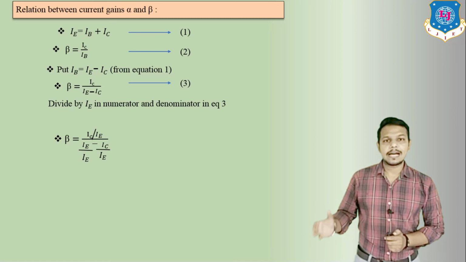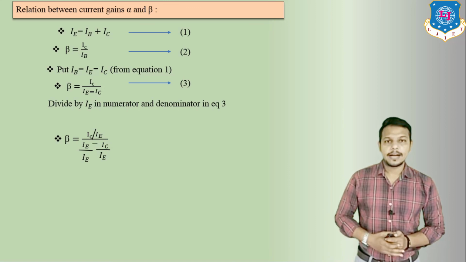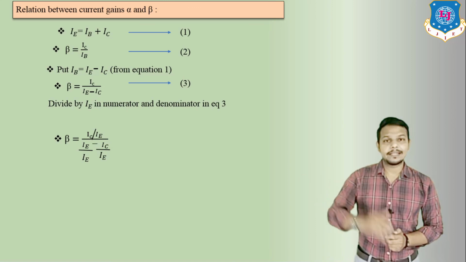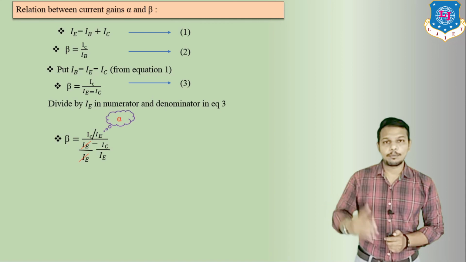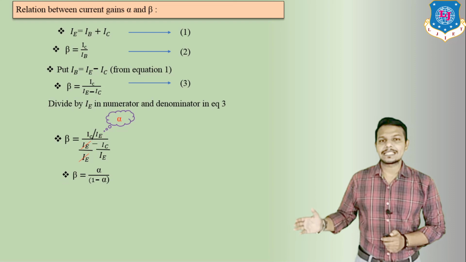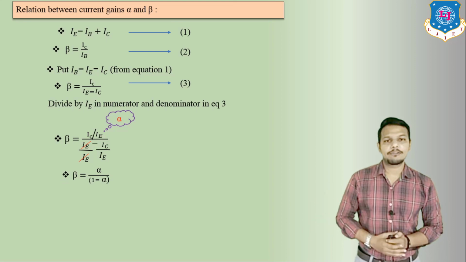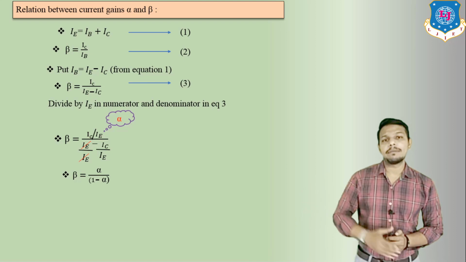Now IE upon IE becomes 1, and IC upon IE is alpha. So your equation will be beta is equal to alpha upon 1 minus alpha. This is one of the relations between alpha and beta.